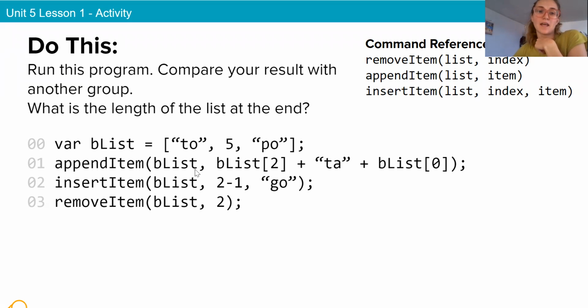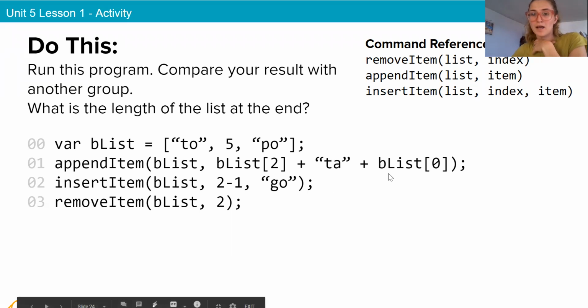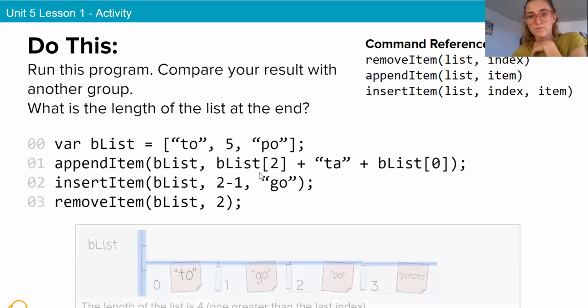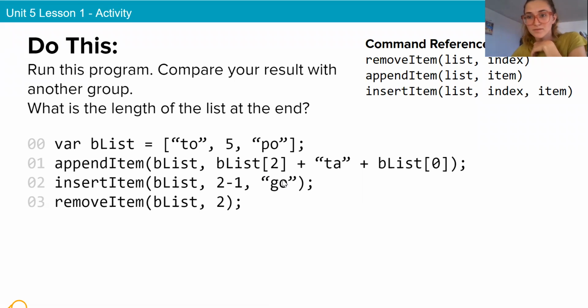So I'm going to append an item onto blist, and that item is going to be blist2 plus ta plus blist0. So blist2 was po, blist0 was 2. And then when we put those all together, we'd get potato.